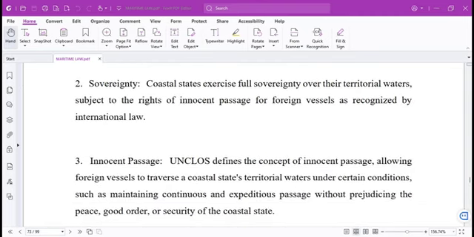Second one here is sovereignty. Coastal states exercise full sovereignty over their territorial waters, subject to the right of innocent passage for foreign vessels as recognized by international law.